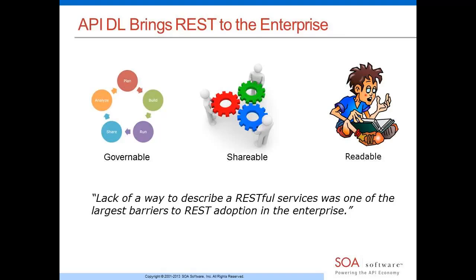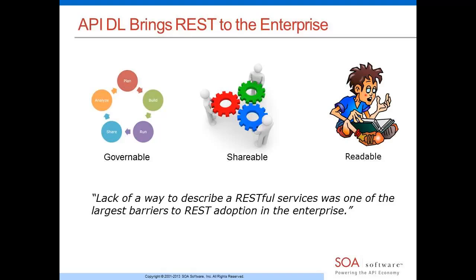Another thing that API description languages bring to an enterprise is the ability to share that API description between teams and between systems, and it makes it a lot easier for adoption to happen within the enterprise when you have a description language that can describe your API.